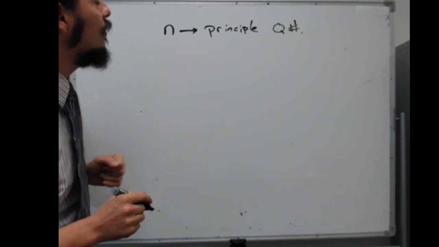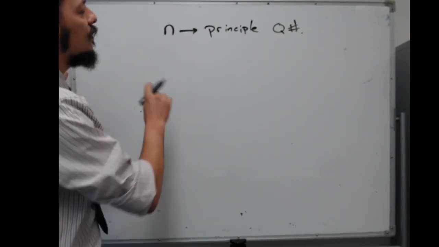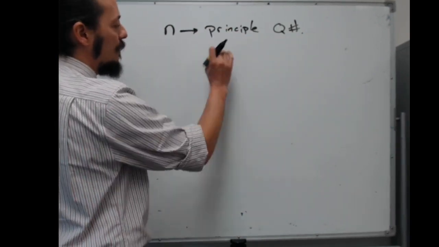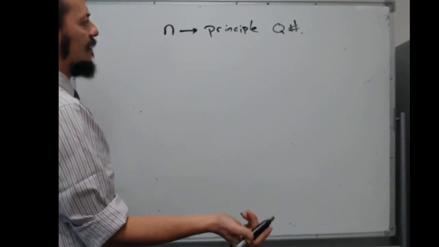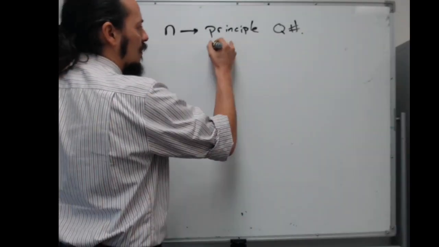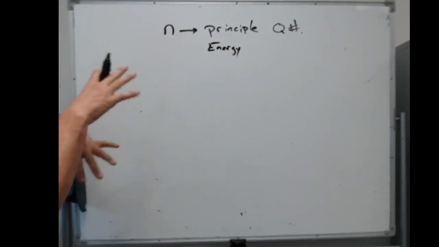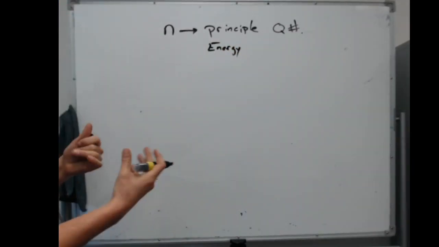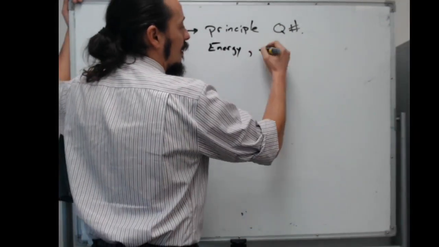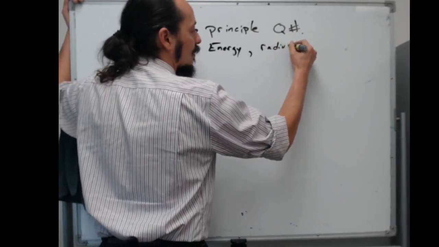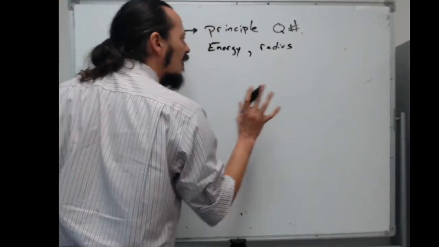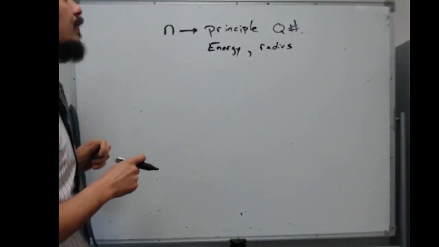This is referred to as the principal quantum number. It has important implications on the energy and the radius of those functions, and that's really going to be the two main things it refers to.